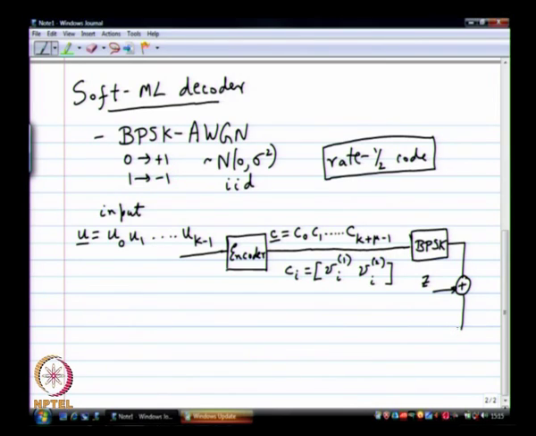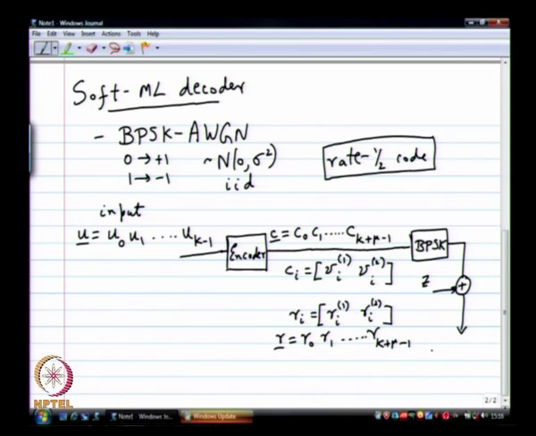Okay. So what we get here, likewise I am going to call as a vector R, and this is going to be R0, R1 all the way to R K plus mu minus 1. And then each Ri is going to be two things, Ri1 and Ri2, corresponding to what was received for each thing.